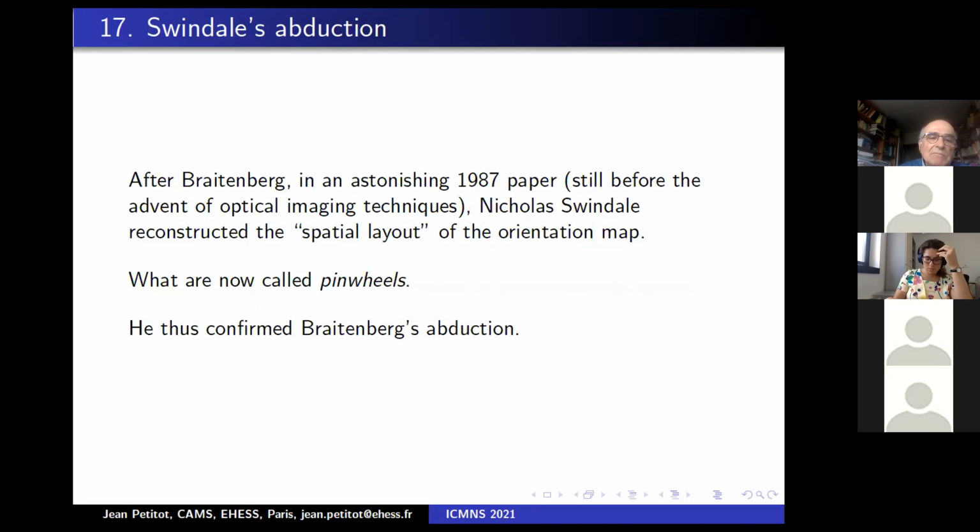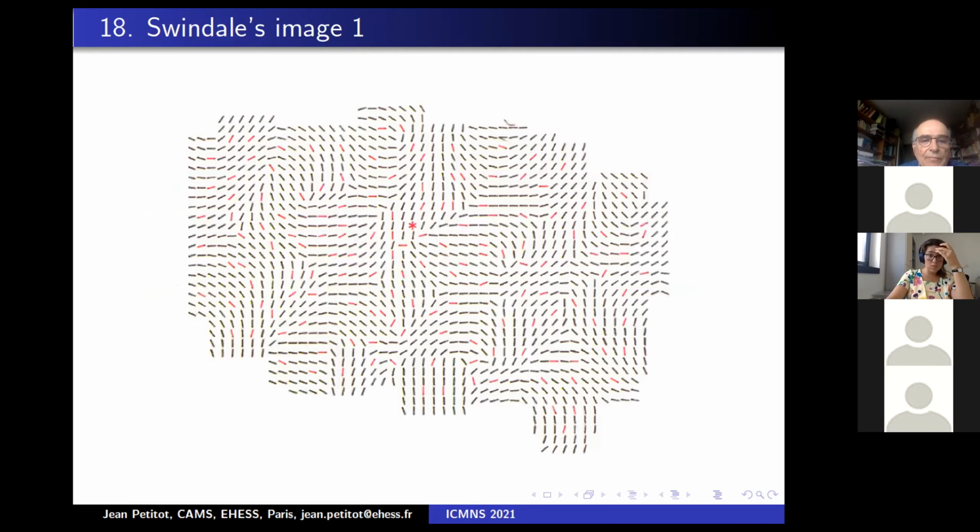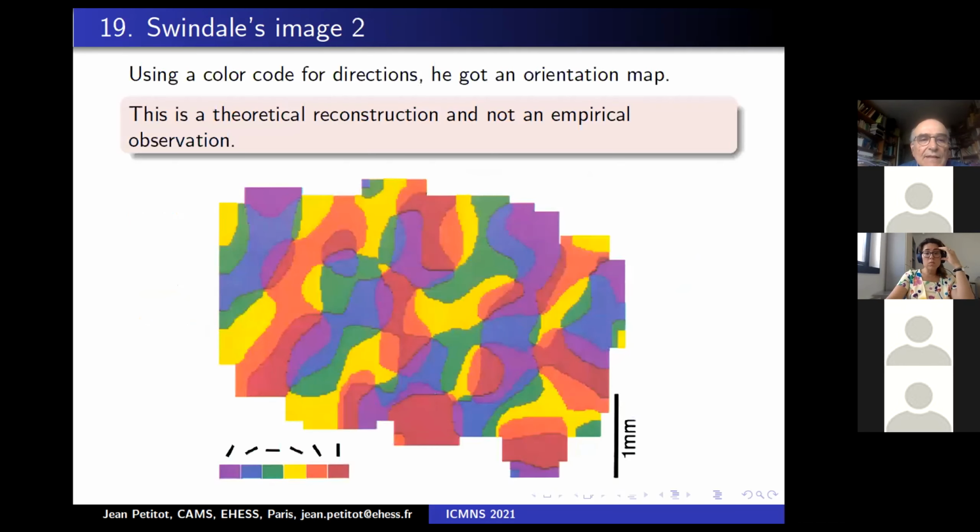And after Braitenberg, in an astonishing paper of 1987, still before the advent of optical imaging techniques, Nicholas Swindale reconstructed the spatial layout of the orientation map, what are now called pinwheels, and he thus confirmed Braitenberg's abduction. Here you have a reconstructed field of orientation by Swindale, and using a color code for directions, he got an orientation map.